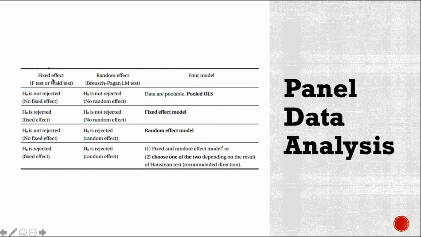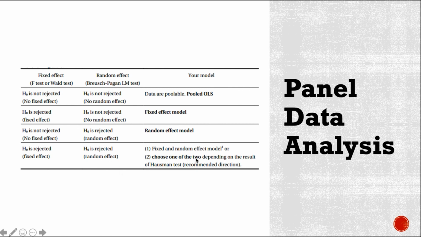But if H0 is not rejected for fixed effect, that means there is no fixed effect, and H0 is rejected for random effect, that means random effect, so we use the random effect model. In general, if H0 is rejected for both fixed effect and random effect, we use the Hausman test.